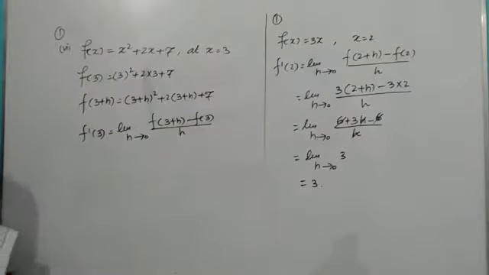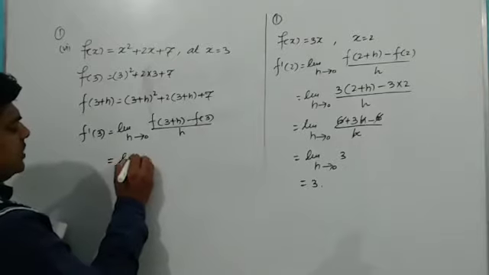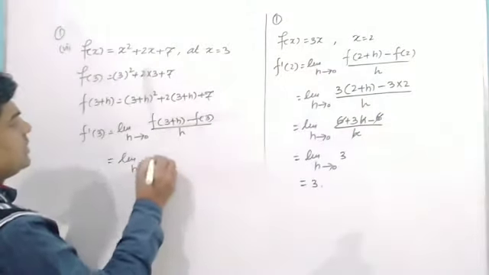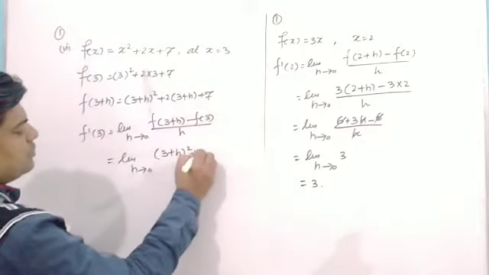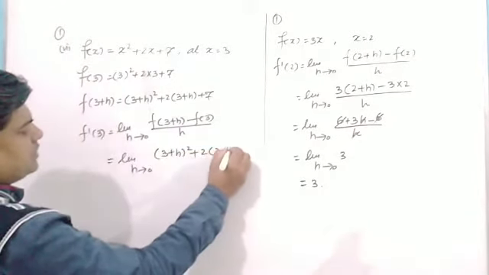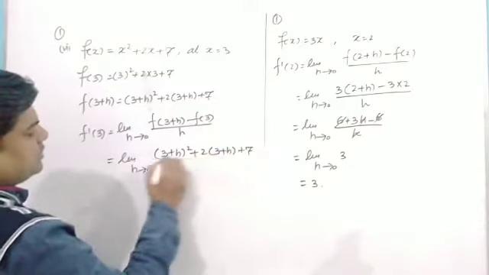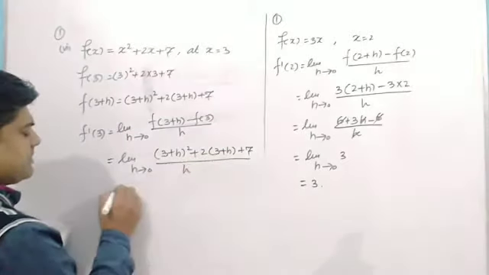Now when I substitute the values of f(3) and f(3+h), I get (3+h)² + 2(3+h) + 7 upon h.